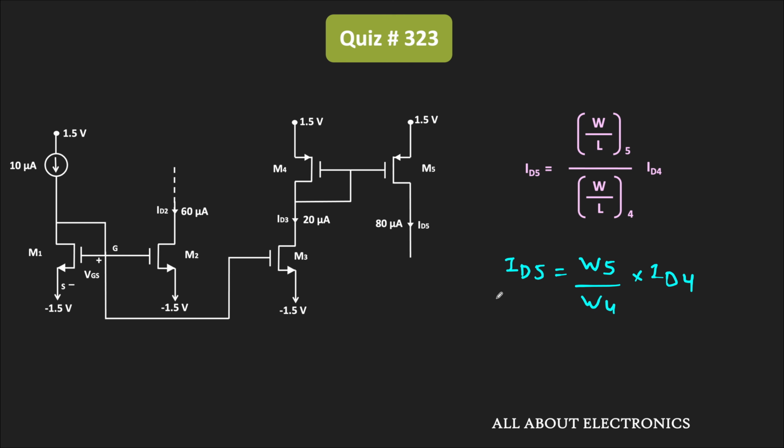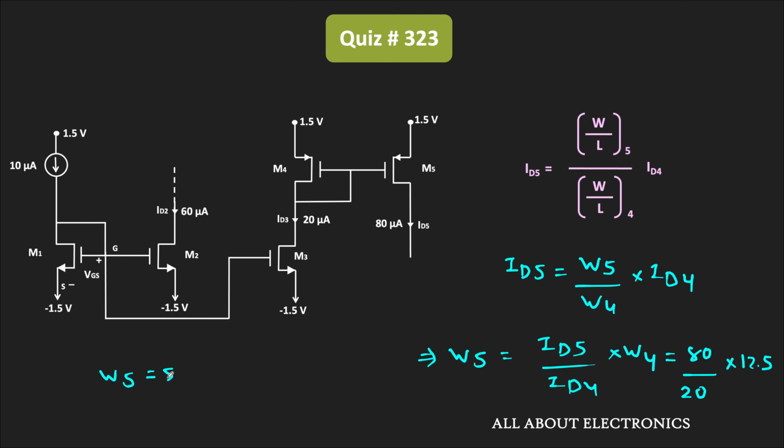So here we already know the value of this ID5, ID4 and the W4. So we can say that this W5 is equal to ID5 divided by ID4 times W4. That is equal to 80 microampere divided by 20 microampere times W4. That is equal to 12.5 micron. That means this W5 is equal to 50 micron.